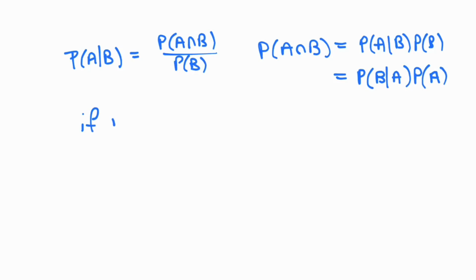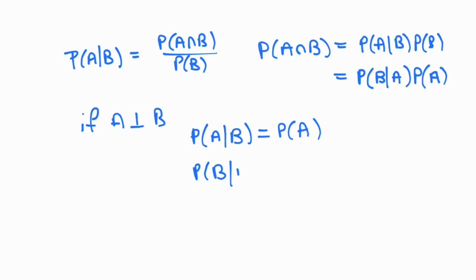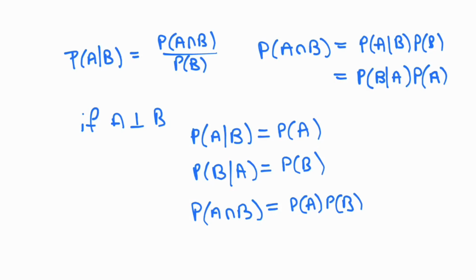Now, if A and B are independent, then the probability of A given B is just the probability of A. The probability of B given A is just the probability of B. And the probability of A intersect B is just the probability of A times the probability of B, using this formula, but with the probability of B given A equal to P(B). Right?